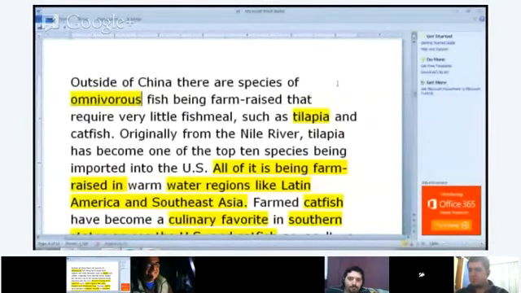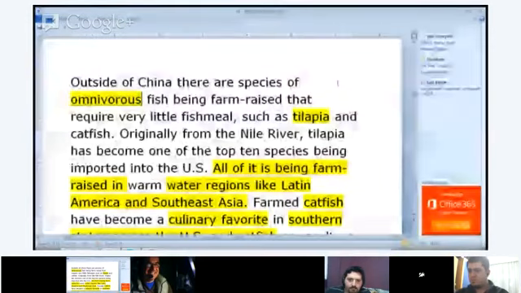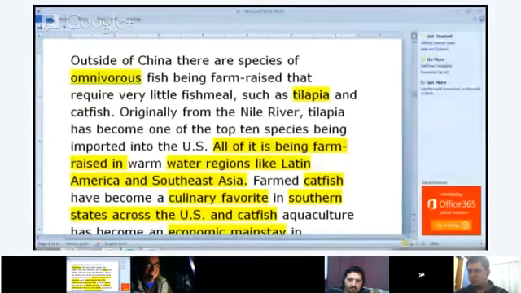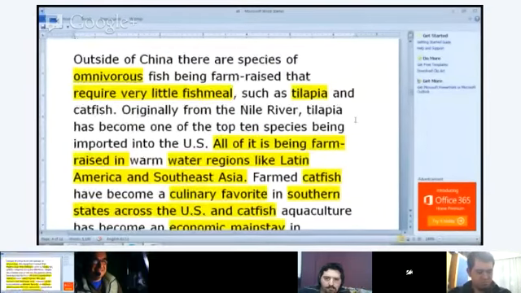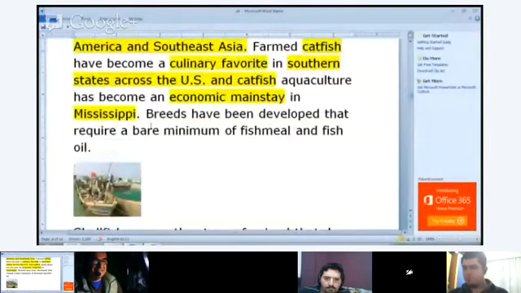They eat both plants and meat, other fish, but these species are good because they require very little fish meal, which is food made from other fish. So you don't have to kill other fish to feed your farmed fish. They need a bare minimum, only a little bit of fish meal and fish oil. So that's why these species are good.